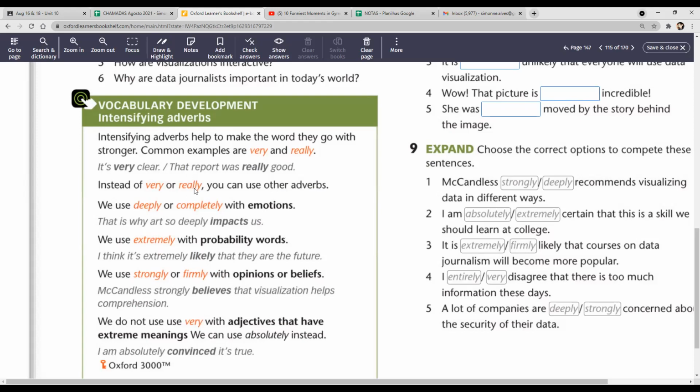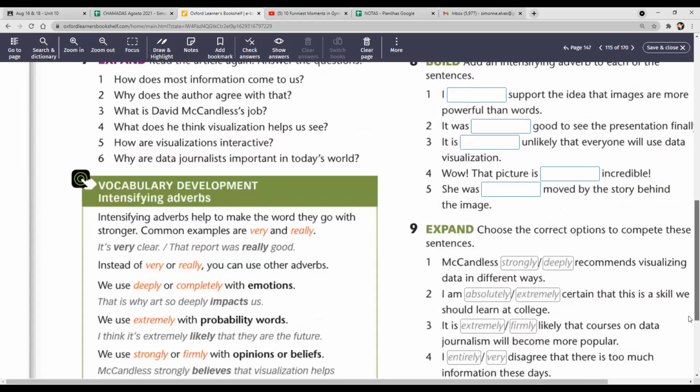Very and really we use with adjectives, but with gradable adjectives. Really, I can use with ungradable adjectives. We know that. And absolutely, we use with ungradable adjectives or extreme adjectives.